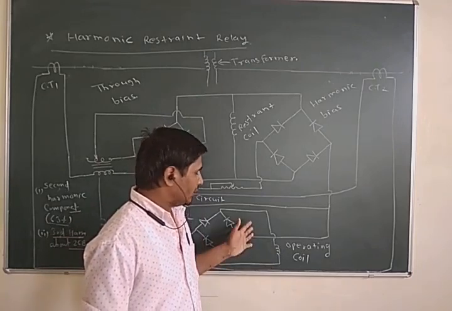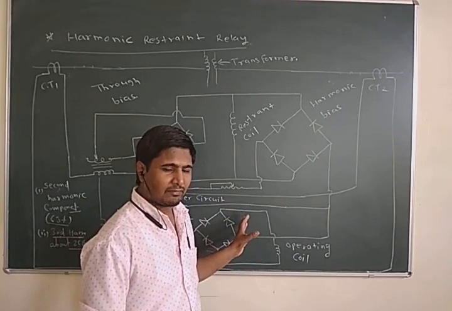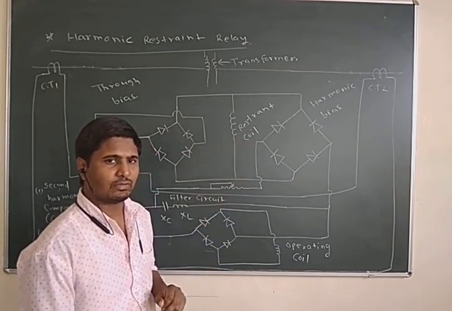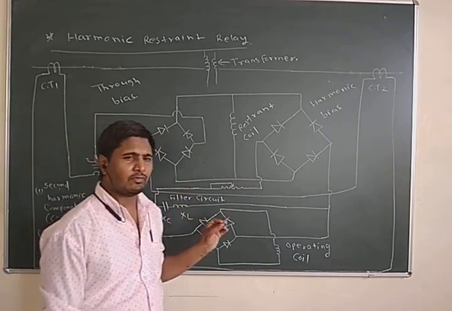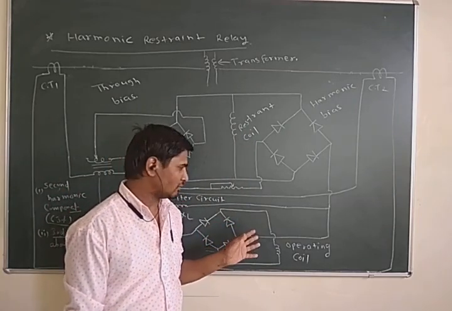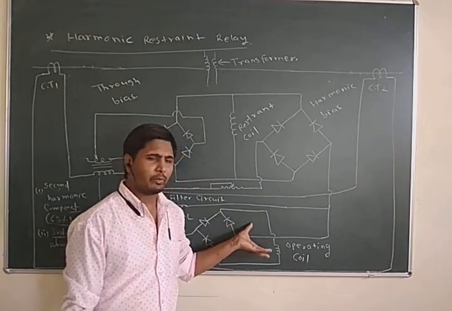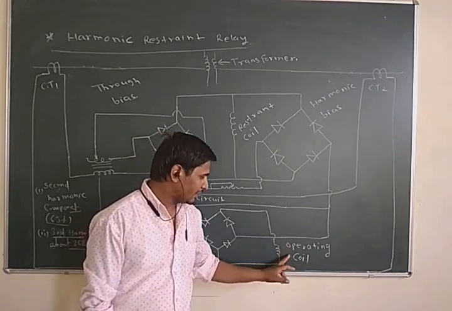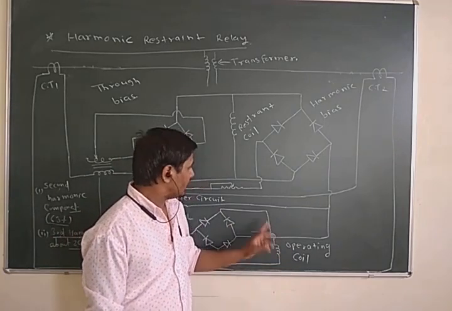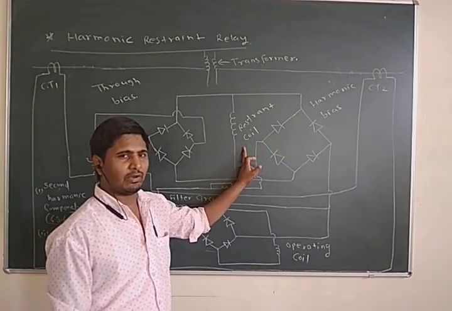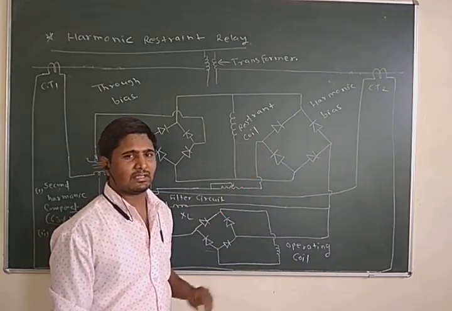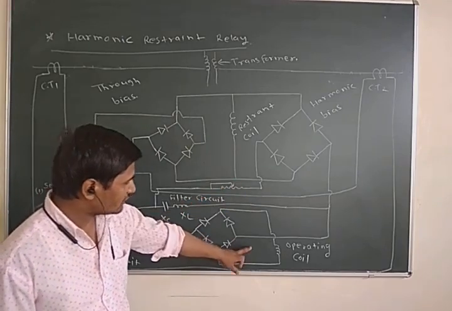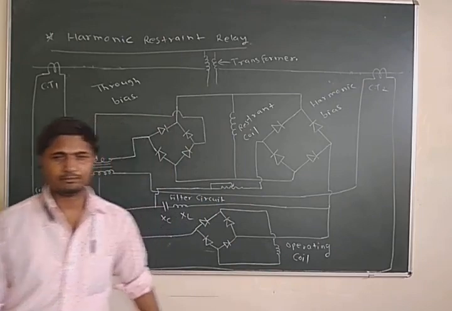In case of inrush current flow, the current in the operating coil also increases, so the relay could operate, but a restraining torque is provided by the restraining coil, because the restraining coil carries the inrush current components, due to which it avoids the false operation of our relay.